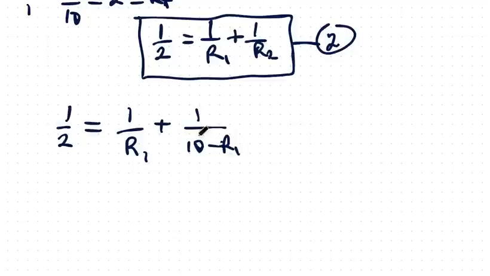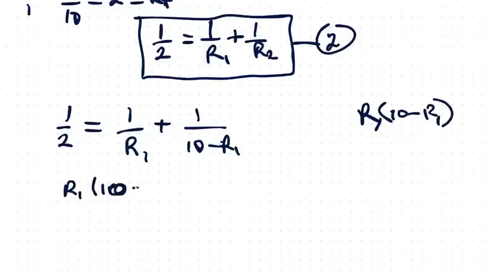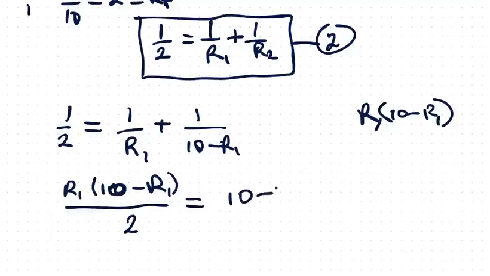To simplify this, we can multiply both sides by R1 into 10 minus R1. If I multiply through, I'll be having R1 into 10 minus R1 divided by 2 is equal to 10 minus R1 plus R1, because the R1 will cancel, and then 10 minus R1 will cancel.